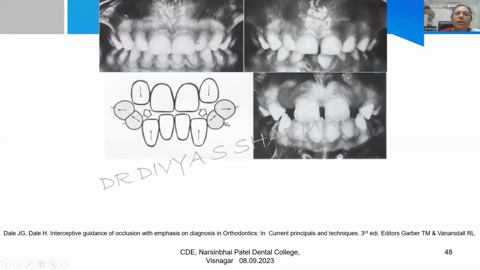So what is secondary spacing? Let's know. It is in a closed arch, secondary spacing occurring during the eruption of the permanent incisors. In the maxilla, you can see the crowding in the lower arch. It is lingually placed. If there is any space, it will come forward with the lingual pressure. And with the secondary spacing, you can see there is a gap in this.